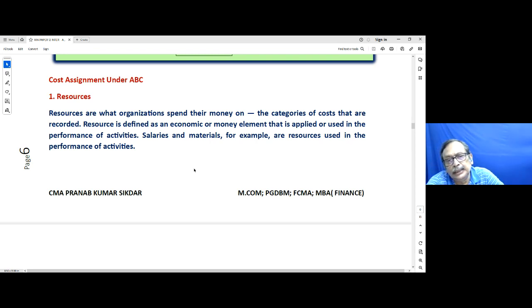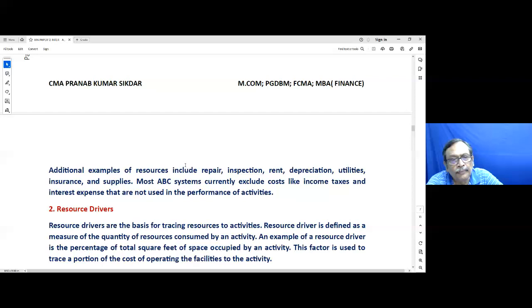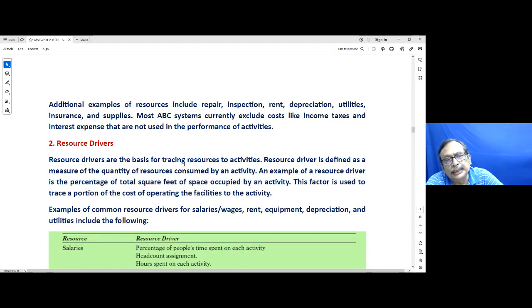Say salaries, materials purchased, for example, are resources used in the performance of activities. So that is the concept of resource. Additional examples of resources include repair, inspection, rent, depreciation, utilities, insurance and supplies, etc.